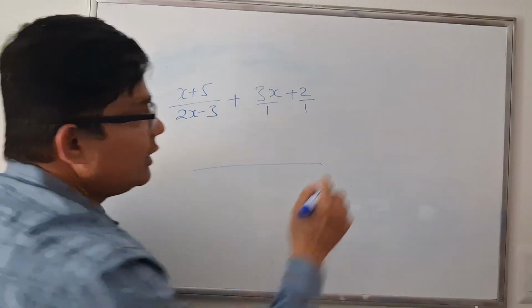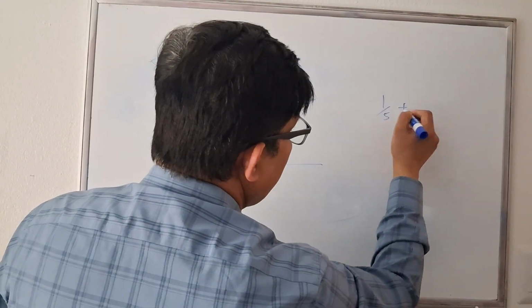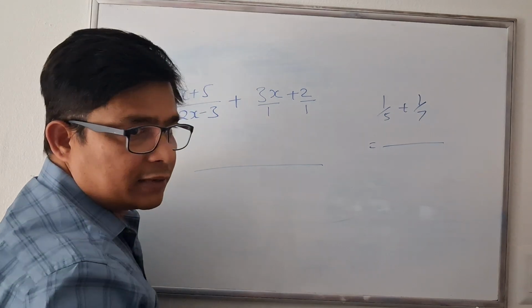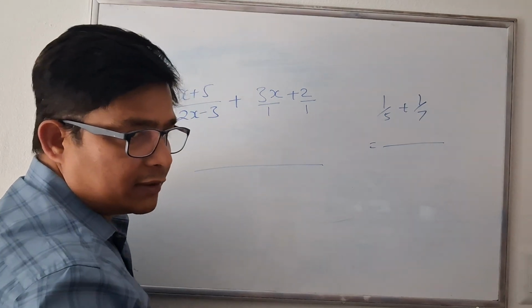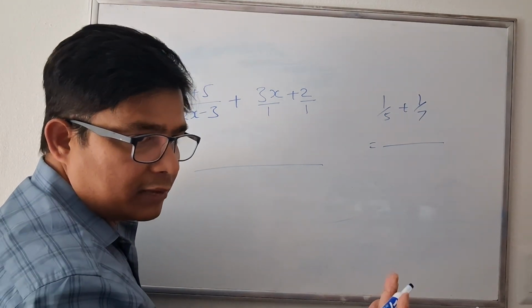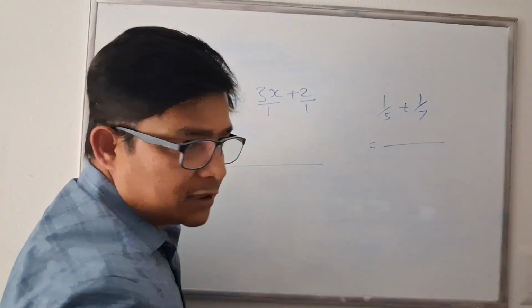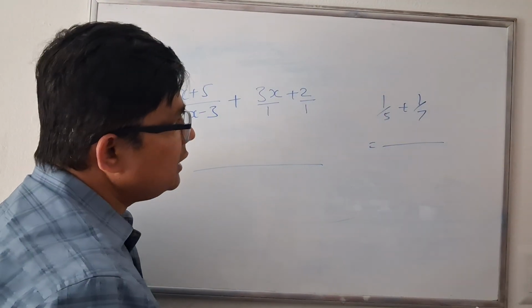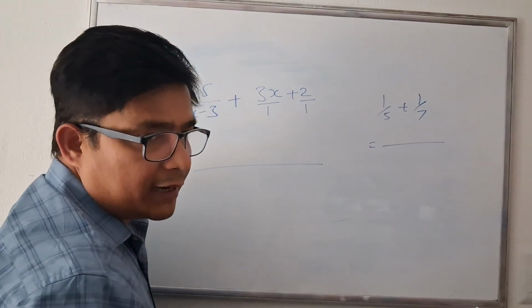So if I give you 1 by 5, 1 by 7, and ask you to take the LCM of 5 and 7, what do you do? Just multiply because there is no common divisor. Since there is no common divisor, you just multiply them.